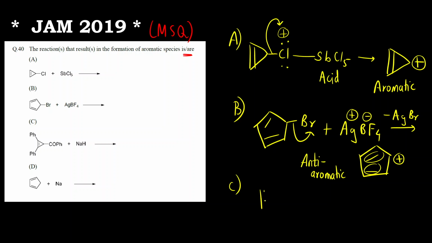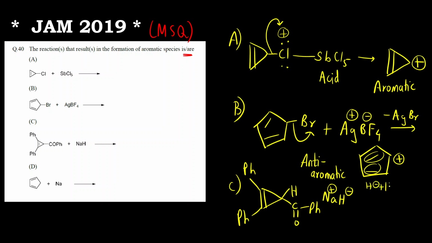C option. Here we have H and COPh. Now NaH, sodium hydride, is going to be a strong base, because H minus can take a proton and become H2. If H minus takes a proton, it can form stable hydrogen gas.